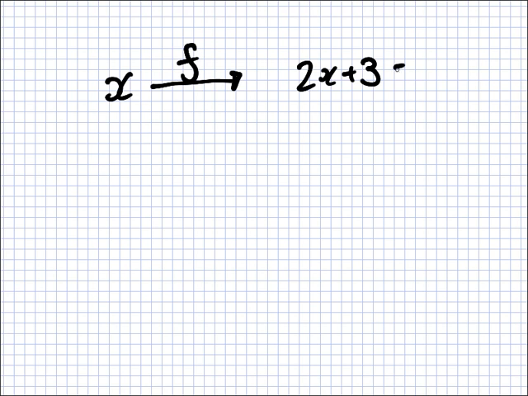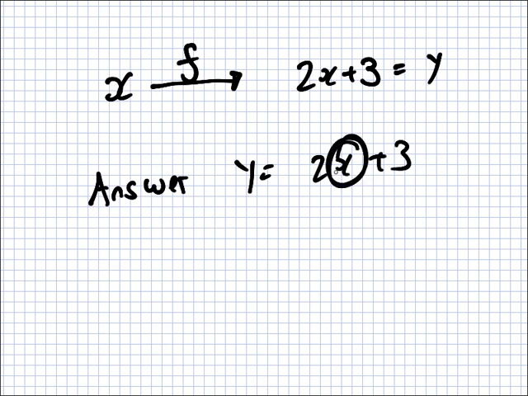You have x, and then you apply some function f, and maybe it becomes 2x plus 3 equals some answer y. You want to go backwards. So you have the answer, y equals 2x plus 3, and you want to know what was the x that got you to the y. So you solve for x. You're working backwards.